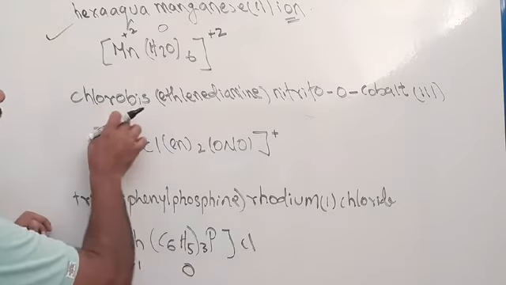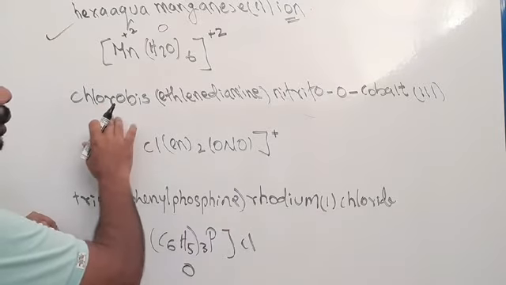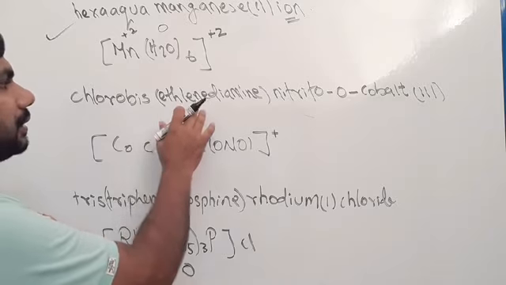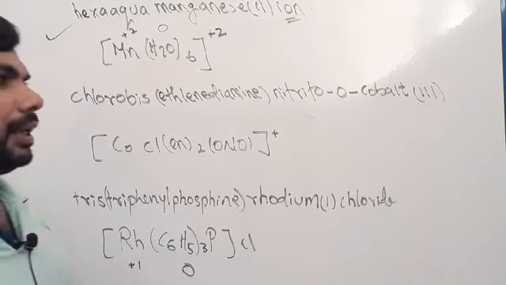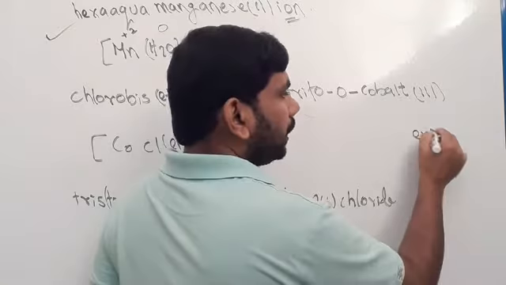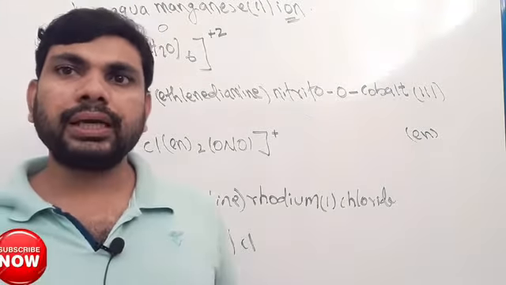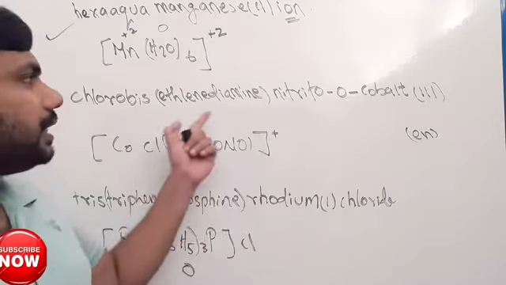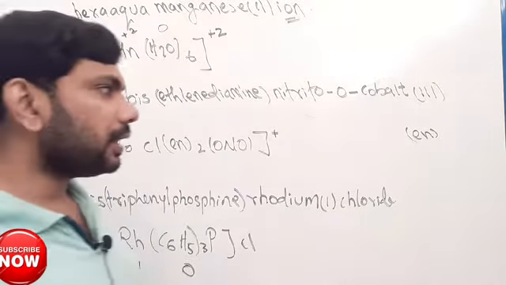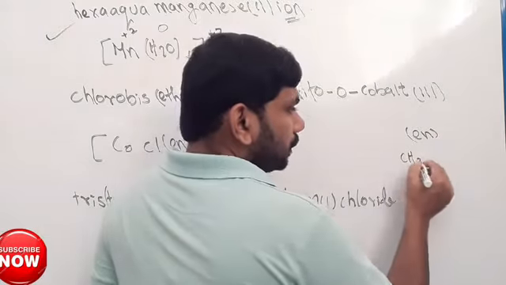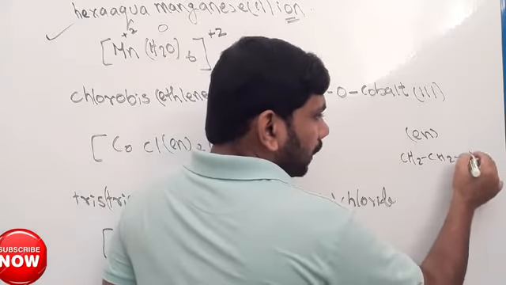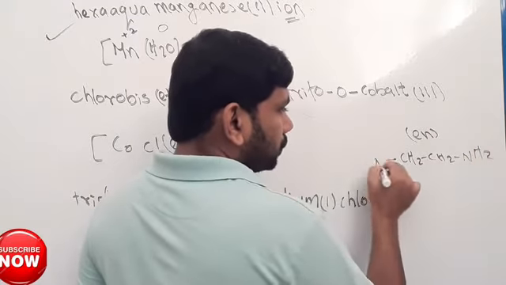Next one we have chloro bis ethylene diamine. We discussed before en, ethane 1,2-diamine, or you can say ethylene diamine. I told you before, CH2 CH2 with NH2 NH2.